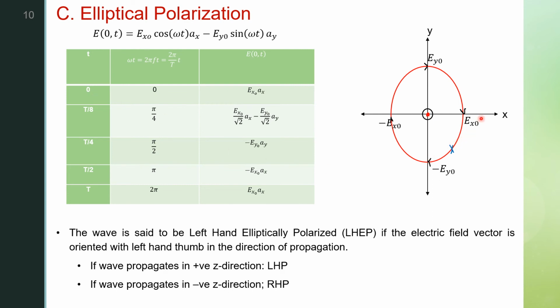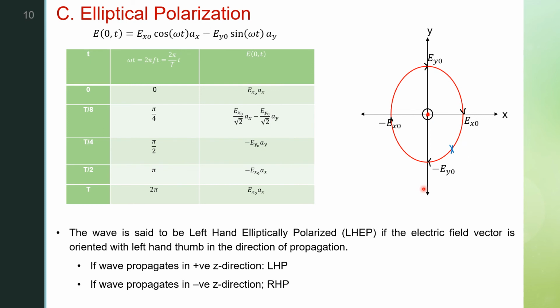So here when we computed, we understood we are moving in the clockwise direction. Suppose if you substitute the values and you're moving in an anti-clockwise direction, then for the same case, it would have been right hand elliptically polarized.